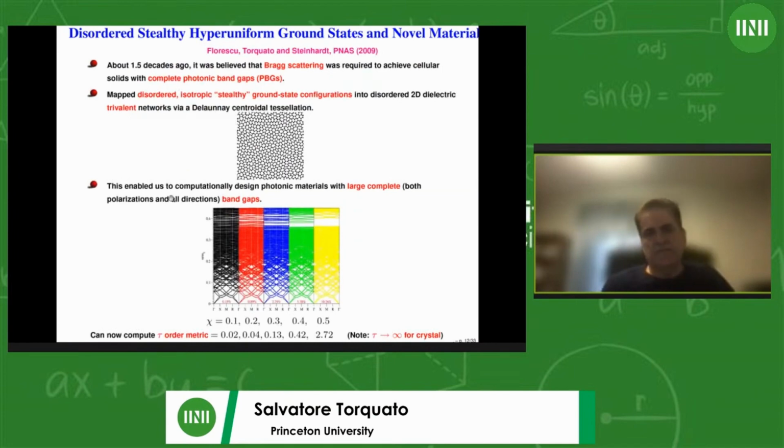Okay, so we then carried out calculations on the computer and looked at the band gap formation. And you can see this is the band structure. Chi is equal to 0.1, 0.2, 0.3. You start to see the development of the band gap. At 0.4, it's very, very clear.